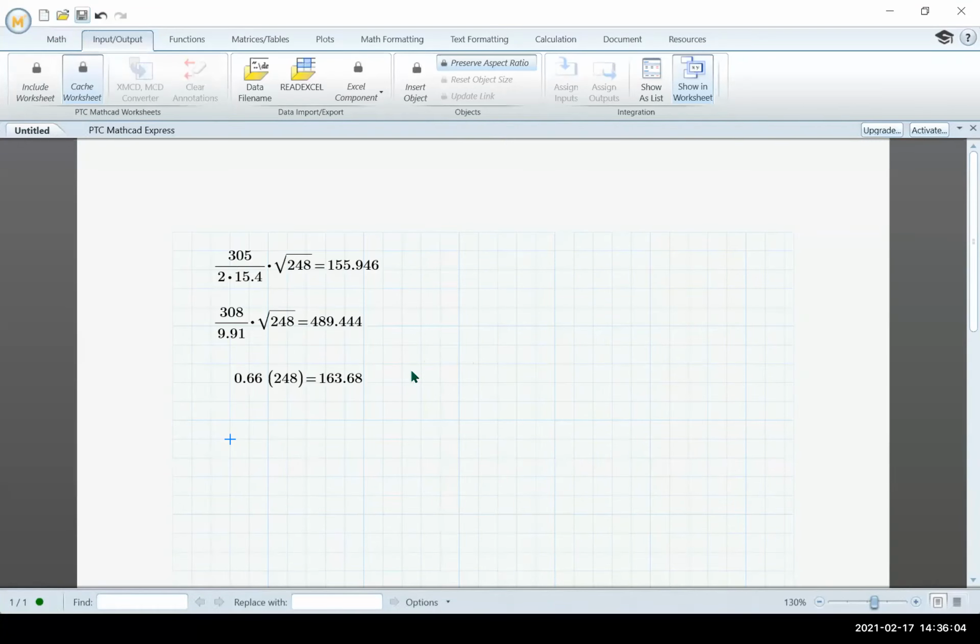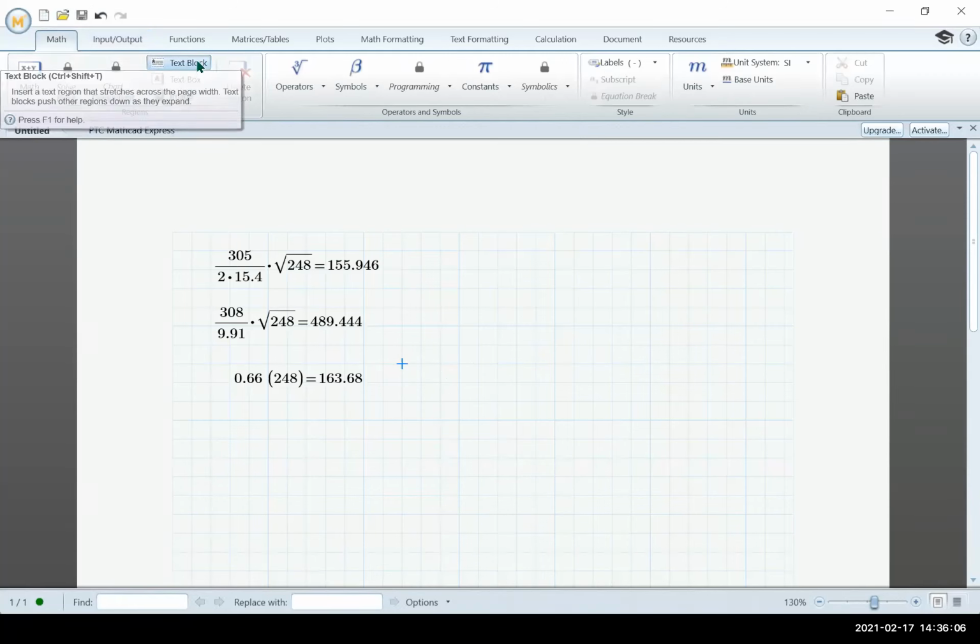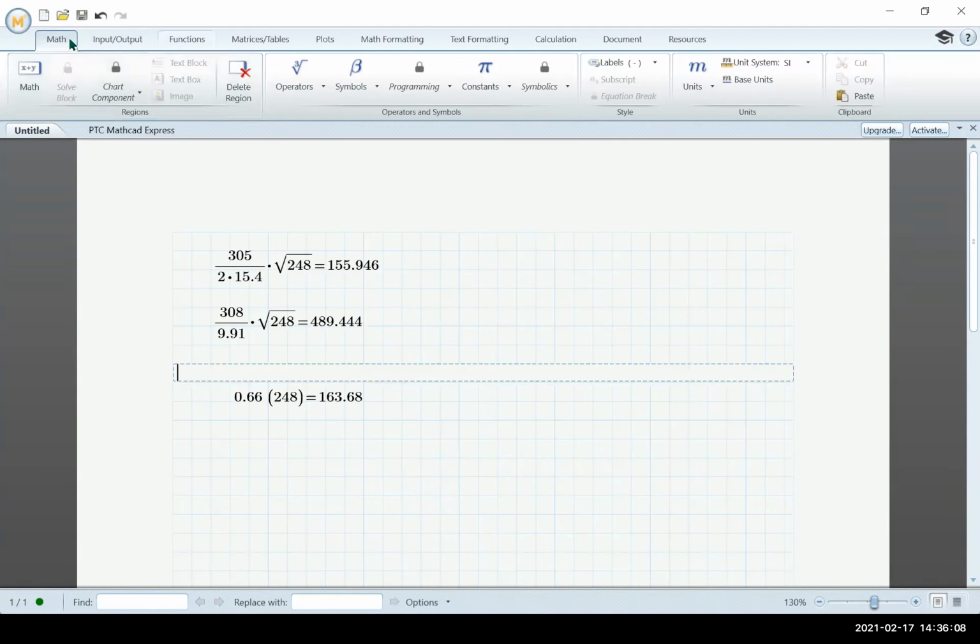So, the section is compact, kaya ang ginamit natin, FB is equal to 0.66 FY.